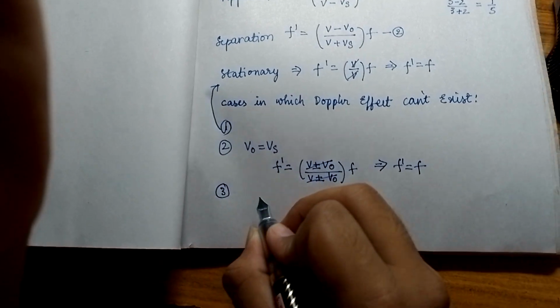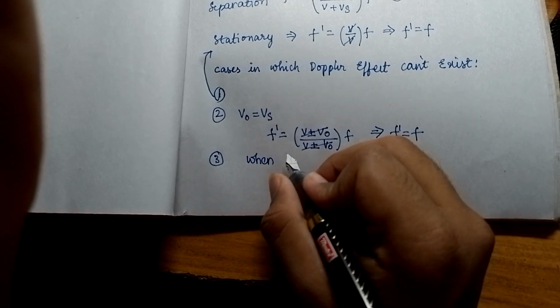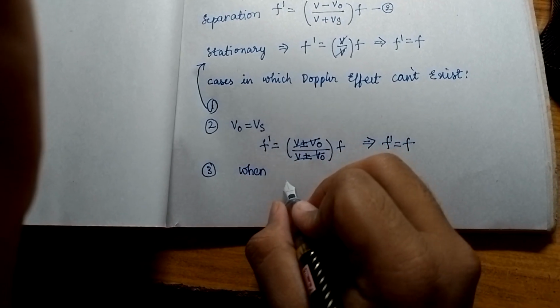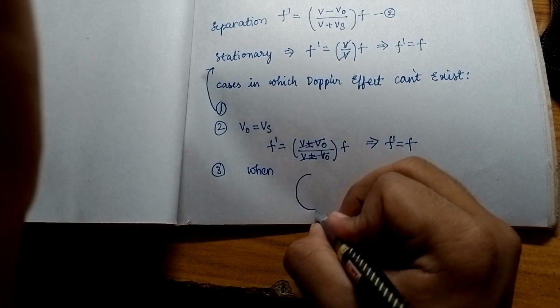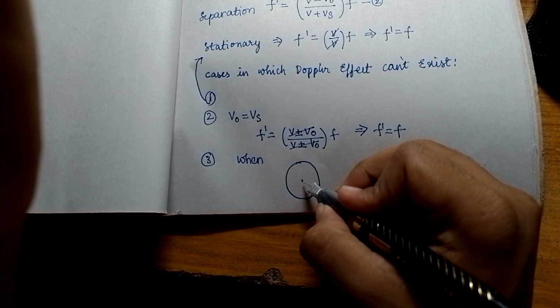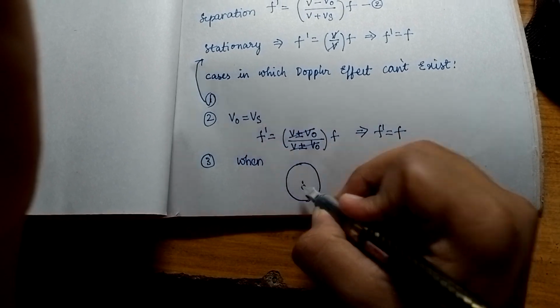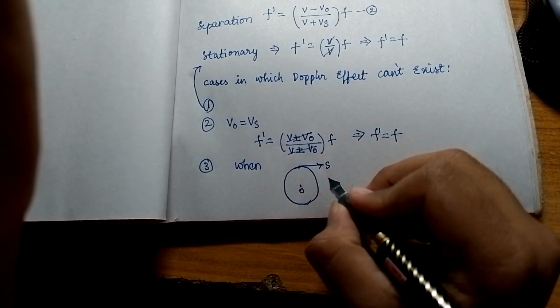And case 3, when the observer and source motions are perpendicular to each other or the source is moving in a circle. This is the observer, and this is the source.